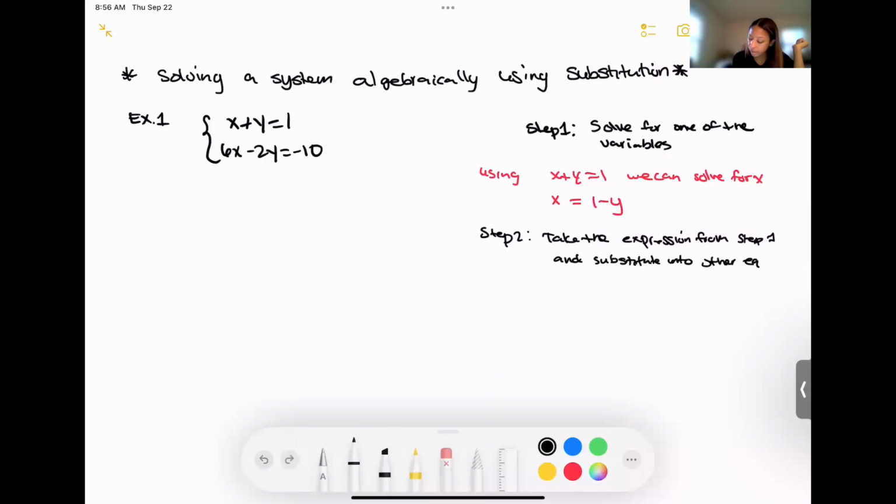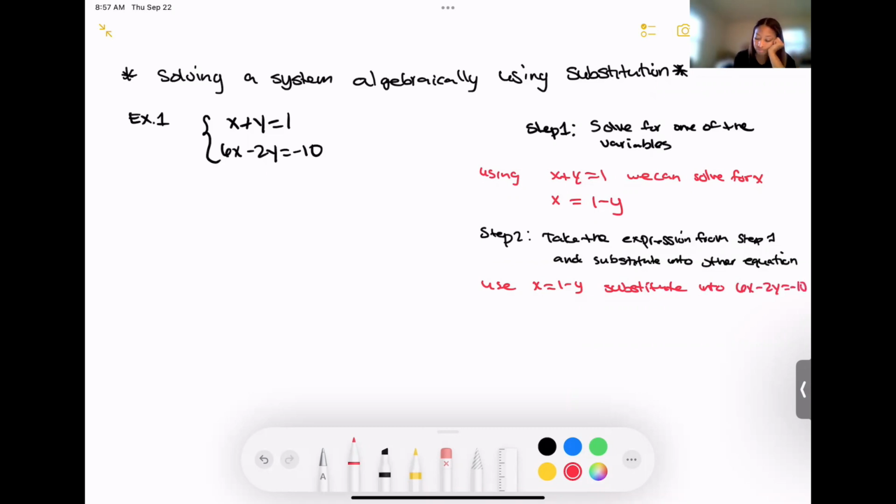And when I say other equation, for step 1, you use one of the equations. When you substitute, you don't want to substitute back into that equation that you used for step 1. You want to substitute into the other equation. All right, so what we're going to do here for step 2, we're going to use x equals 1 minus y and substitute into 6x minus 2y equals negative 10.